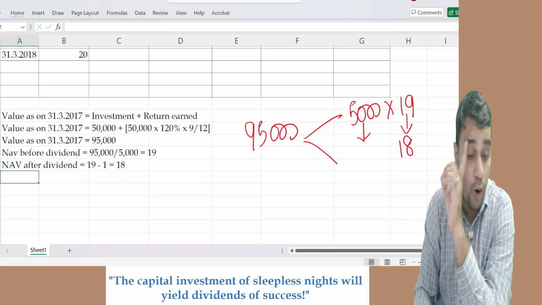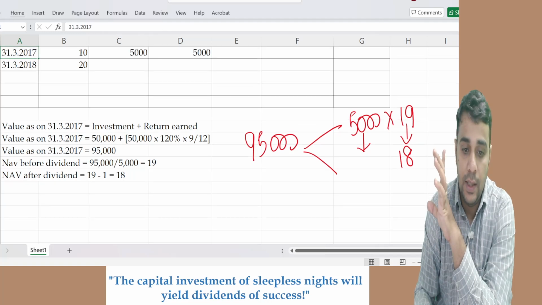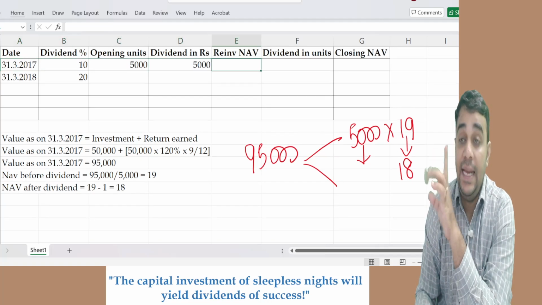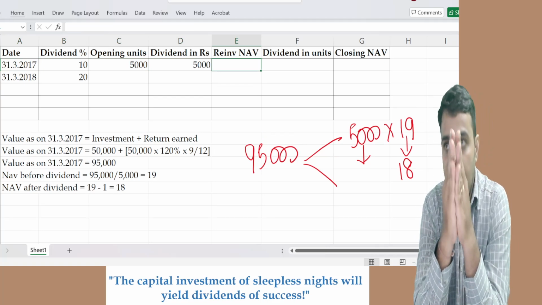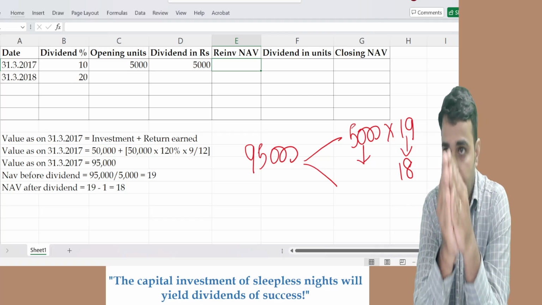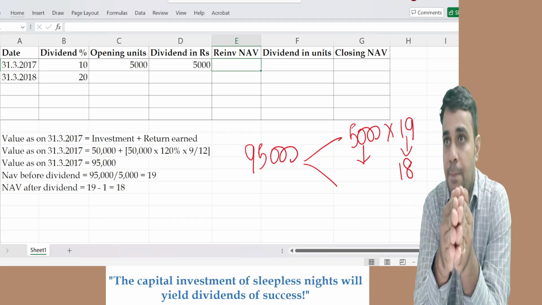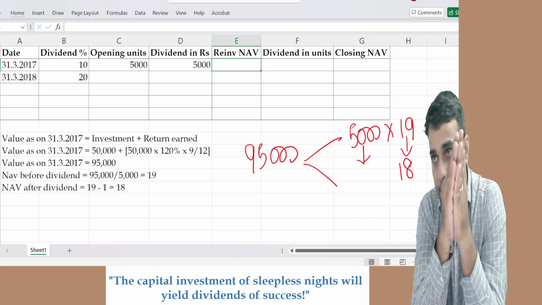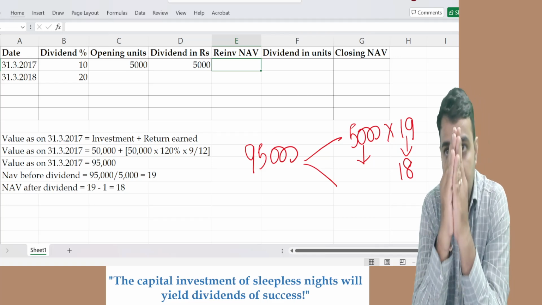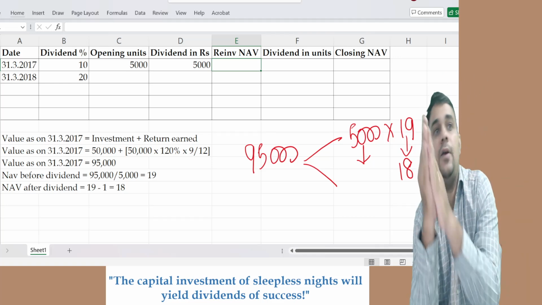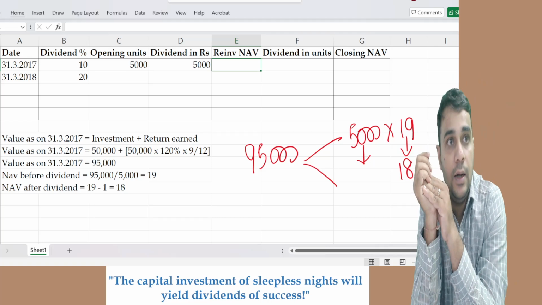Now listen, one important concept. The reinvestment will happen at 18 rupees. The logic is very simple. Dividend declared, NAV fell, reinvestment happens at 18. Any reinvestment will happen at the NAV post the dividend fall.